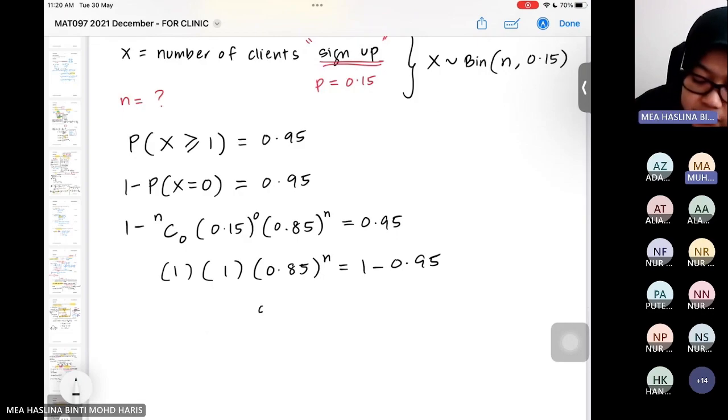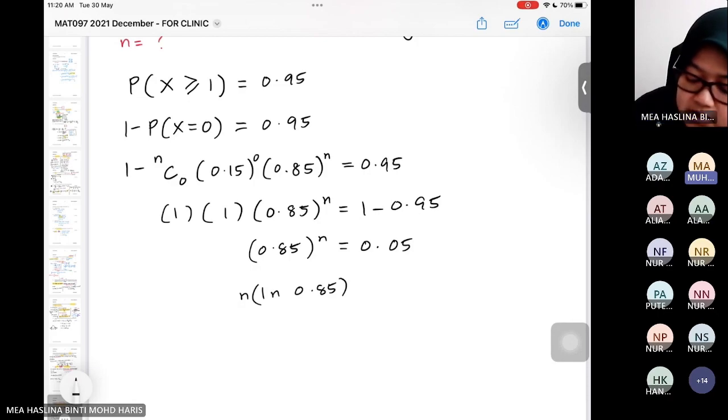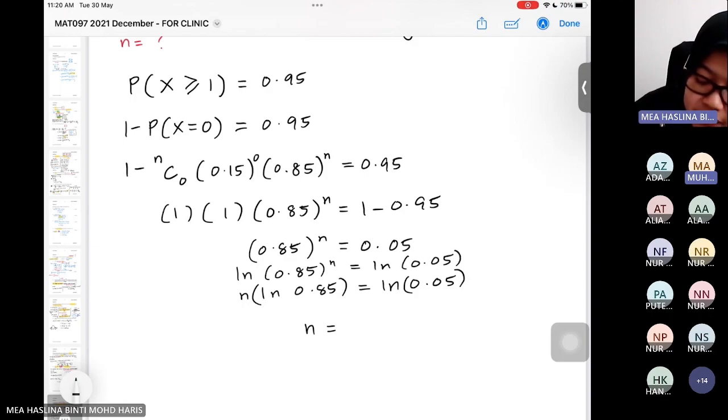So 0.85 to the power of N equals 0.05. You can solve this by putting natural log on both sides. So N natural log 0.85 equals natural log 0.05.